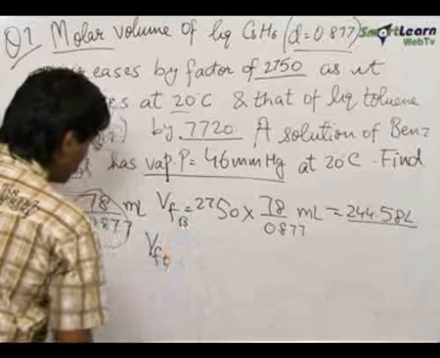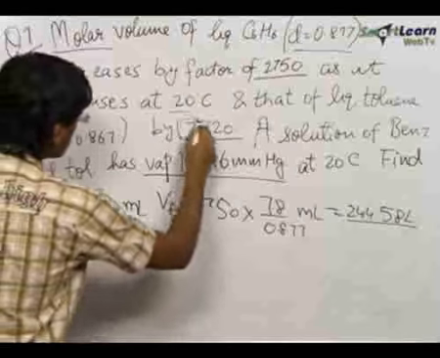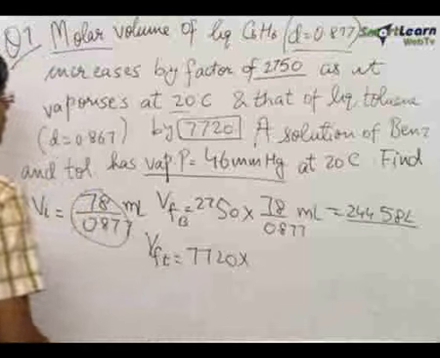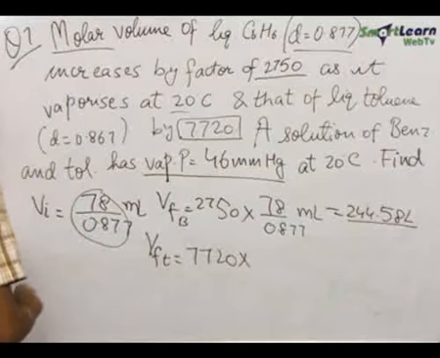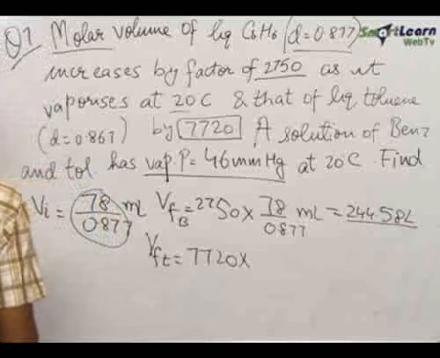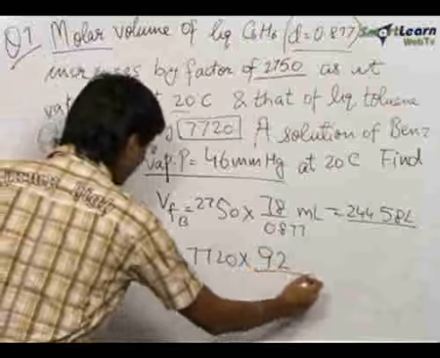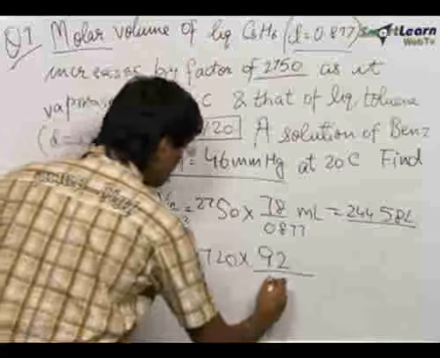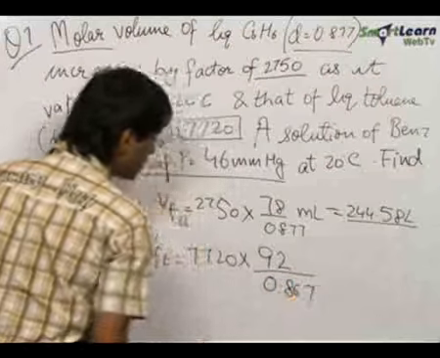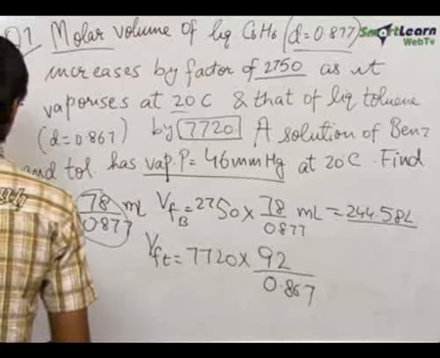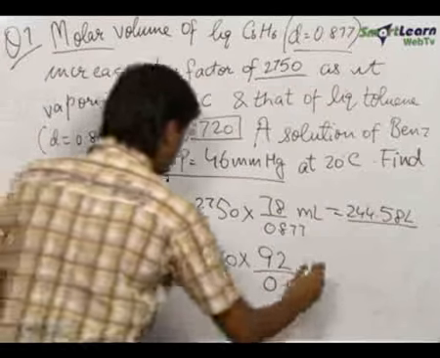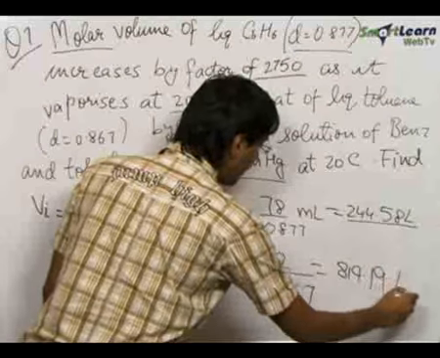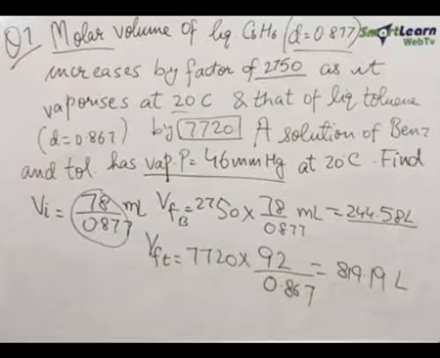Since it increases by a factor of 7720, it is equal to 7720 times the initial volume, which was equal to the molar weight, 92 grams of toluene, divided by the density of toluene, which is given to be 0.867. This gives the final volume of toluene to be equal to 819.19 liters.